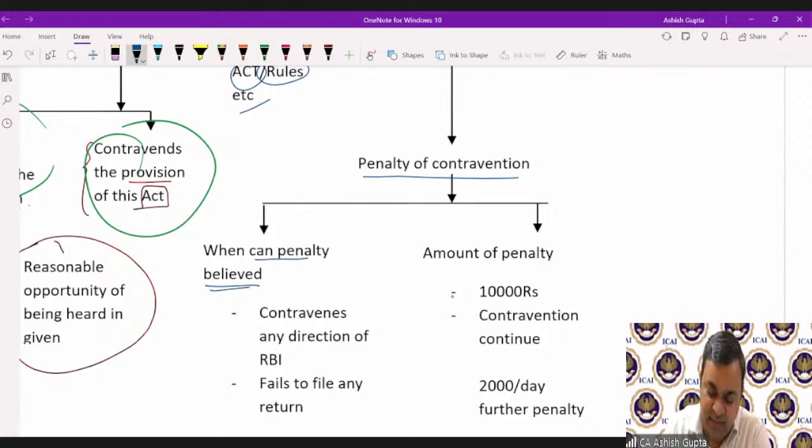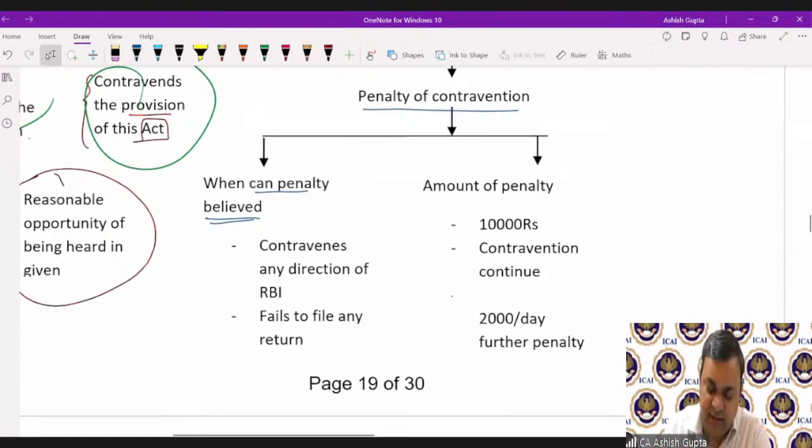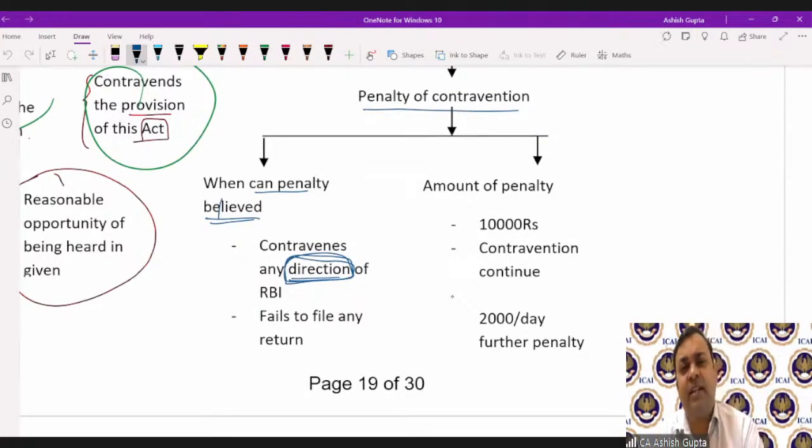When can a penalty be levied, right? When can they impose a penalty? First point, if an authorized person fails to comply with the directions of the Reserve Bank of India, then a contravention has happened. In that case, RBI will impose a penalty on such authorized person.